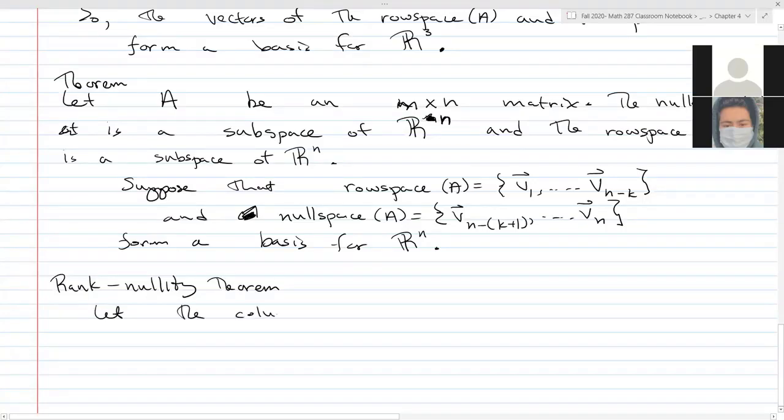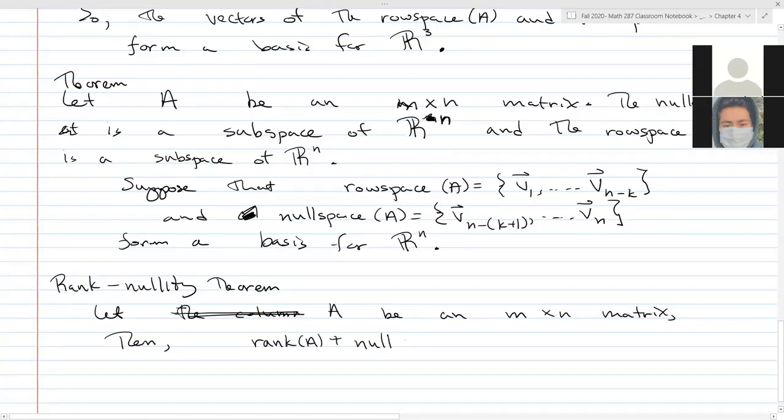Okay, so we've got the rank-nullity theorem, and here's what it says. Let A be an M by N matrix. Then the rank of A plus the nullity of A, and I'll define that in just a second, will equal N, the number of columns.